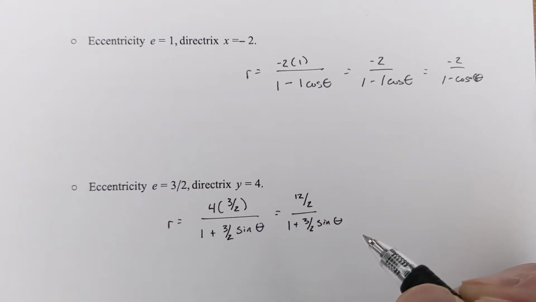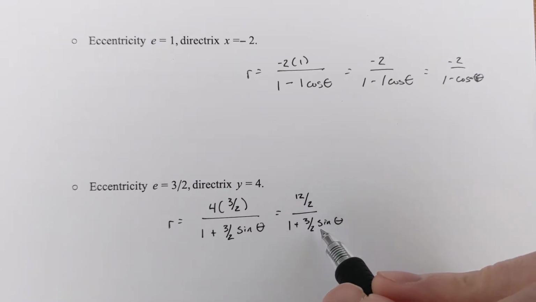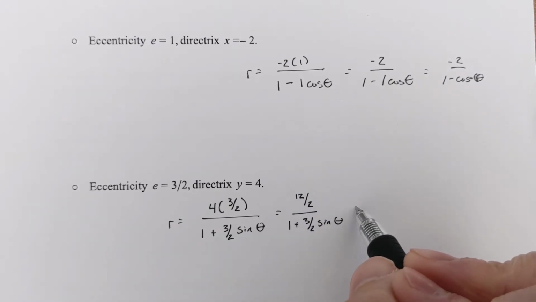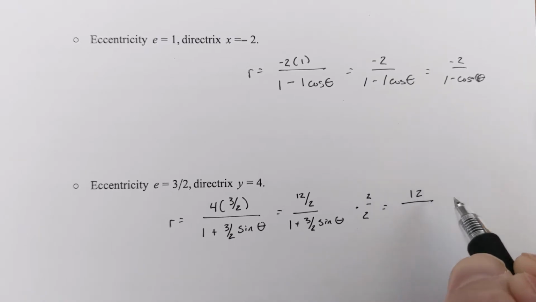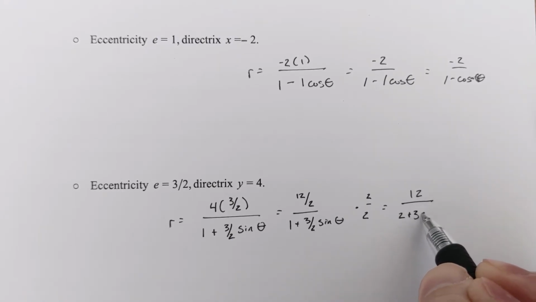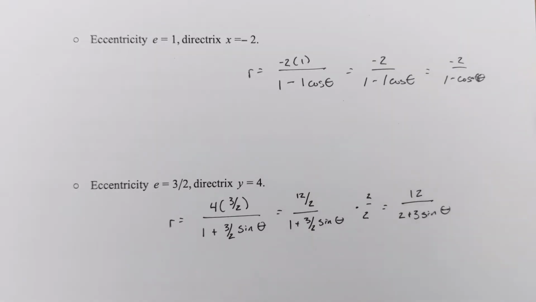It is possible to reduce this, but you still have the fraction here. Since I'm over 12ths, I want to multiply the top and bottom by 12 to get rid of the fractions everywhere. So that would be what you'd have.